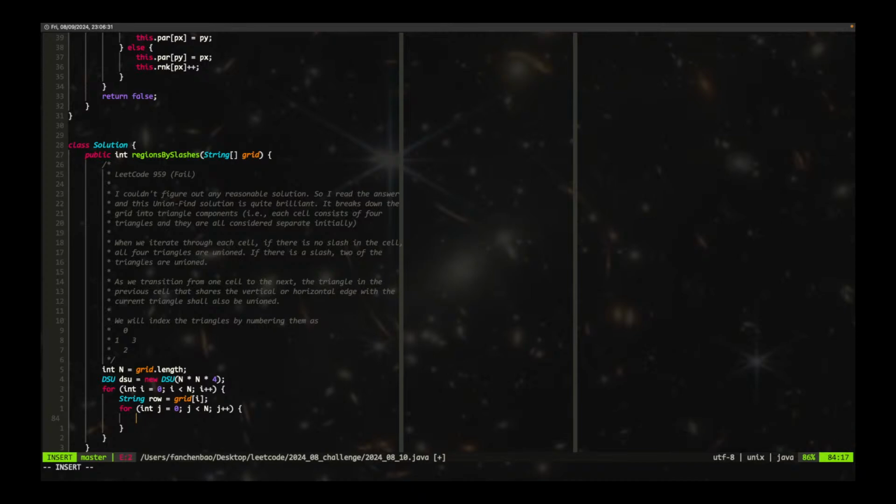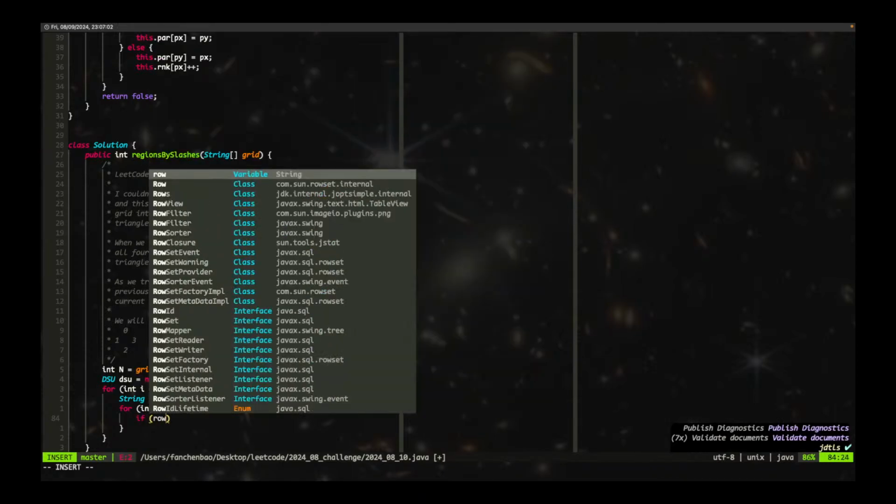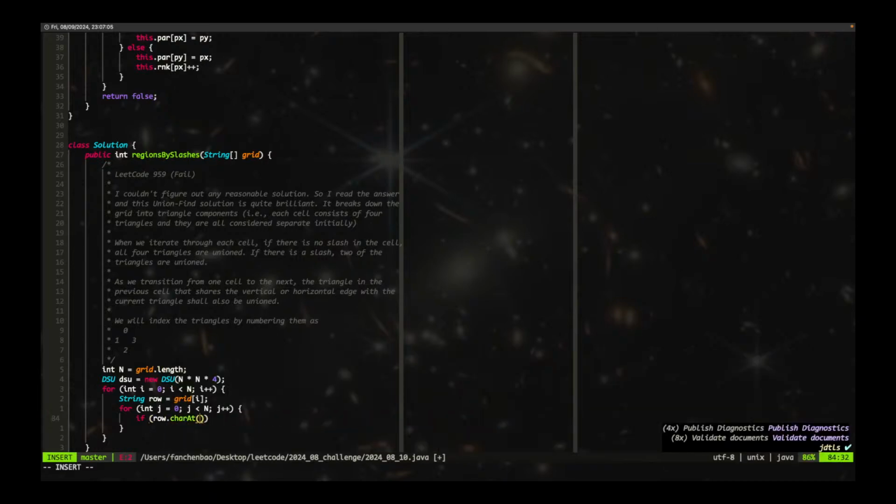Now we can go through the row one by one, and then we'll say, yeah, we'll connect the left, and connect to above. charAt j is equal to this.